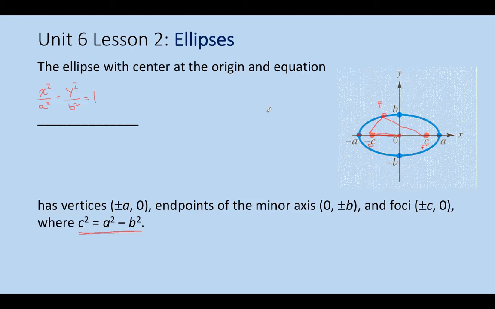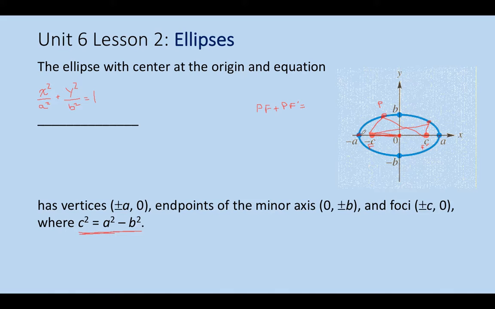Well, when we add these 2 things together, so we'll say PF plus PF prime, well, these 2 things added together are going to be equal to all the other points. So like here, we would have these two things added together. That would be equal to the same thing. That would be true all around the ellipse. That's the definition of the ellipse.